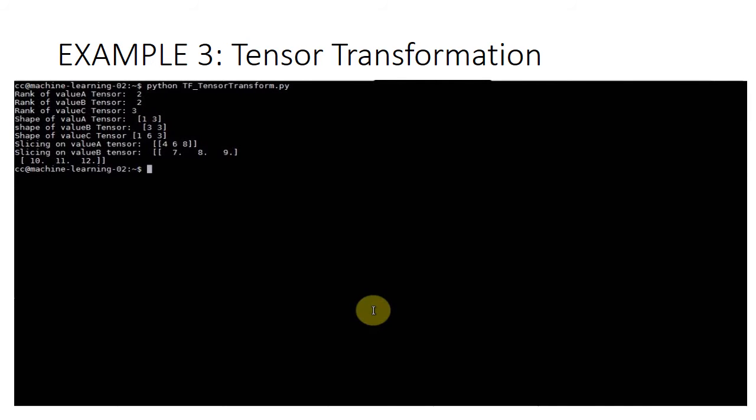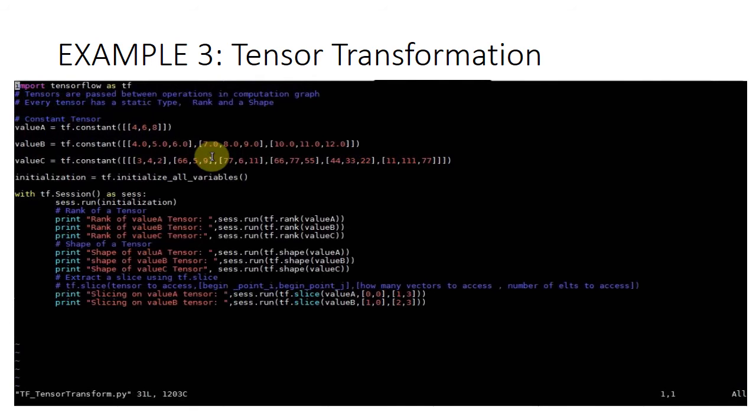Okay, so as I said, for value B, it has got you two sets, each set with all the three values. Now let's go back to our program. Let's try to edit this and show you how to access maybe just two values from it.